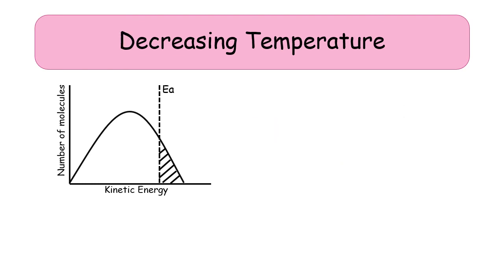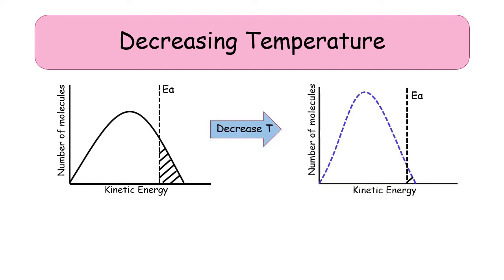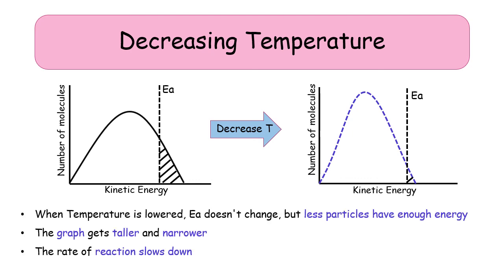When we do the opposite, if we decrease temperature, the graph gets taller and thinner, whereas it gets flatter and fatter whenever we increase temperature. So the line you can see now has hardly any particles with energy greater than the activation energy. The EA doesn't change, but fewer particles have enough energy, because the curve gets taller and narrower, and this results in the reactions slowing down.